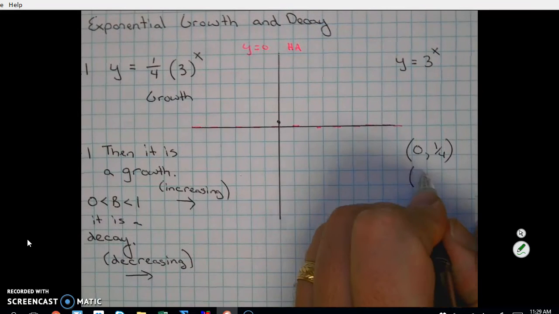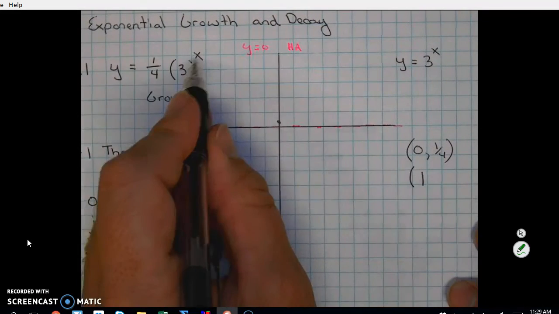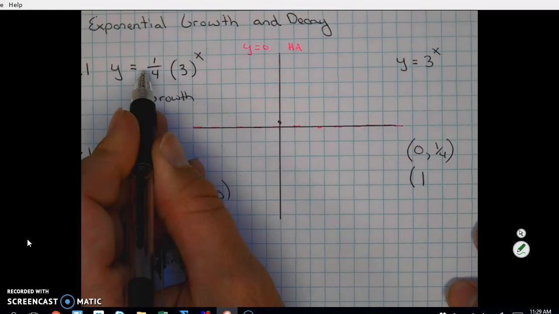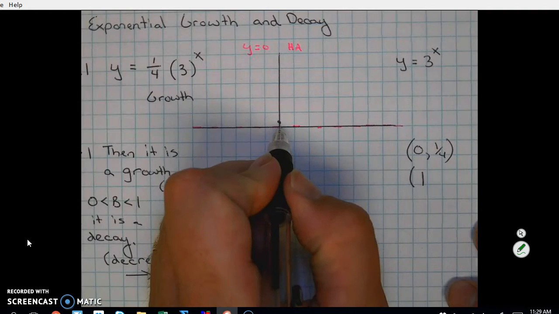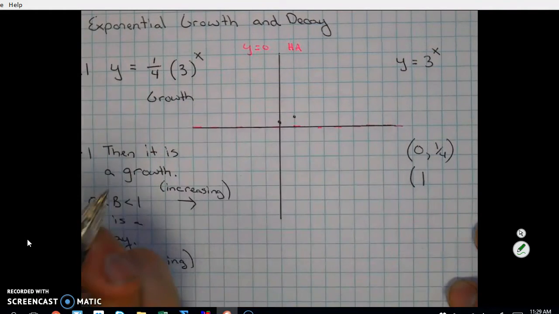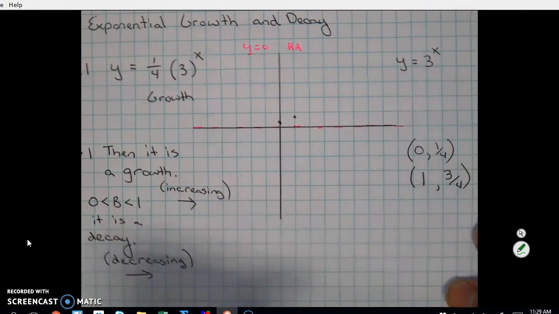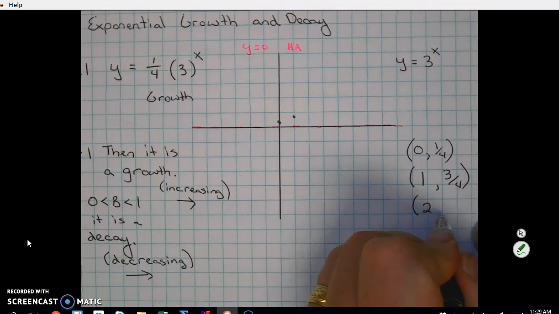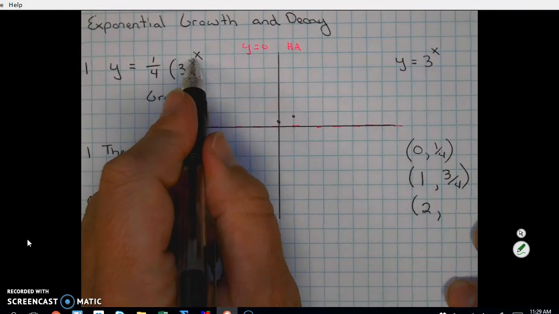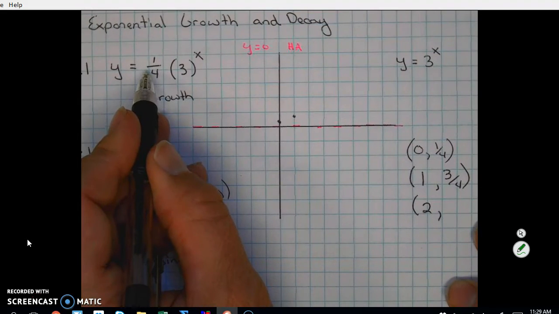So if I go 1 unit over, if I input a 1, 3 to the first power is 3. 3 times a fourth is 3/4. So when x is 1, we're at 3/4. When x is 2, 3 squared is 9, and 9 times a fourth is 9/4.